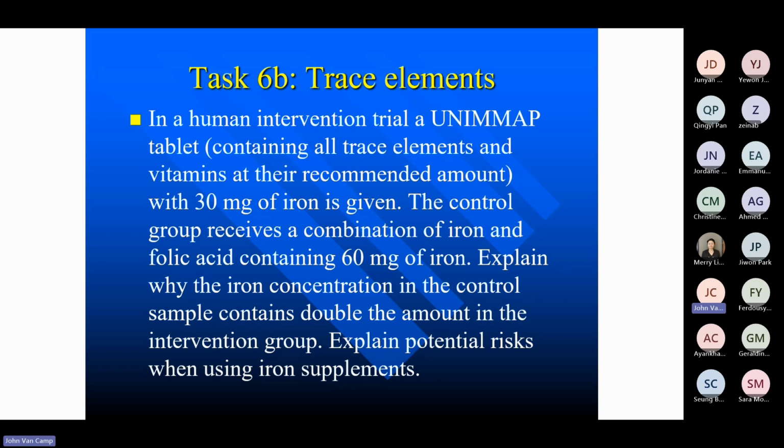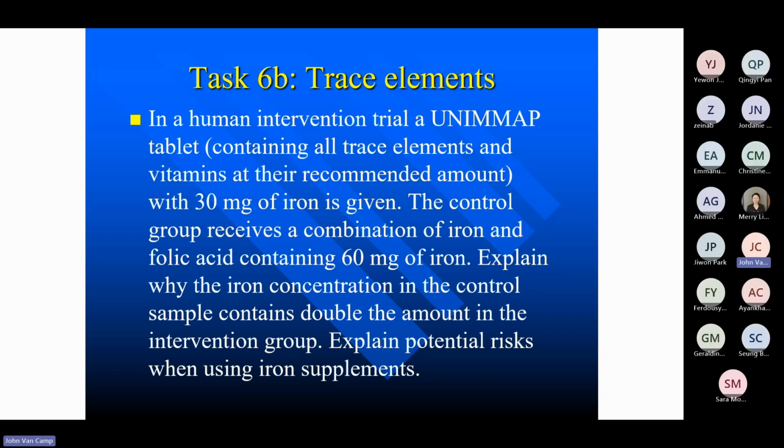So we want to compare the two groups, the control versus the intervention group. But if we look at iron, then we see that the control group has twice the amount of iron compared to the intervention group. And the question is, why is that? In a human intervention study, everything should more or less be the same as much as possible between the intervention and the control.